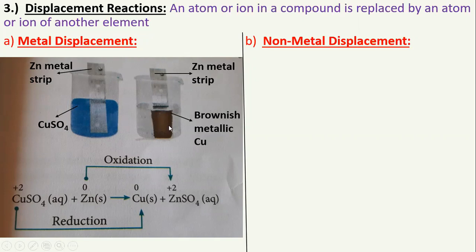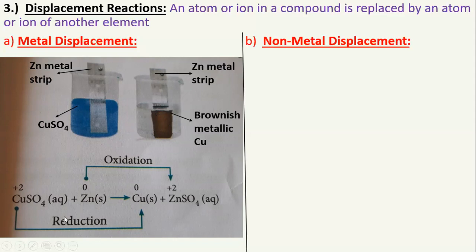That is because of the copper metal. See here what happened: we dip the zinc metal in copper sulfate, and after some time the color has changed. Up to the point where we dipped it in the solution, it is coated with the brownish metal.